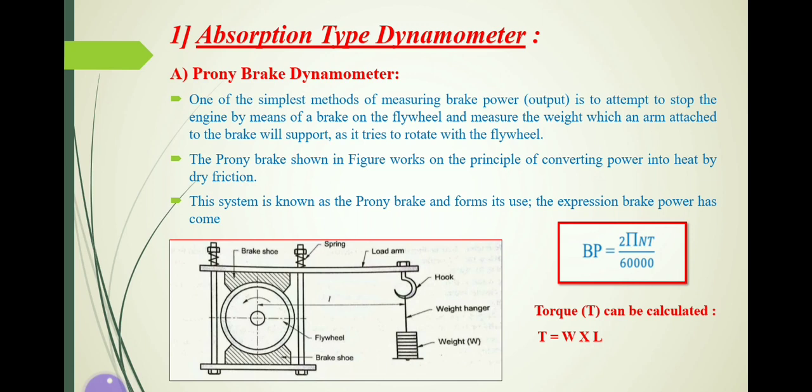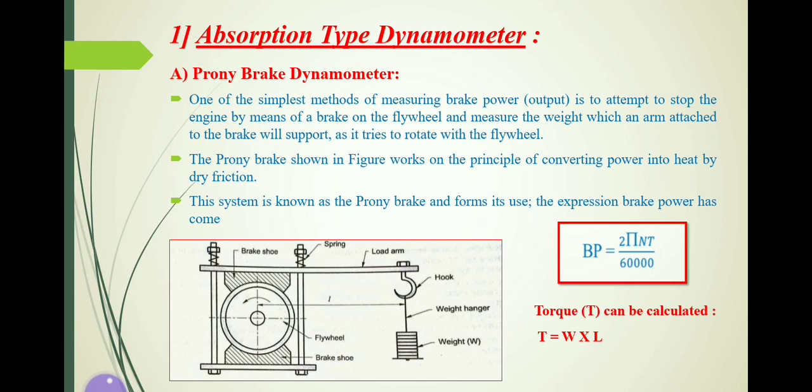In this Prony brake dynamometer we saw how the absorption of energy is done and how brake power is measured. These brake shoes apply force or pressure on the flywheel so that the output shaft stops at one point, and at that point we measure the balancing weight.